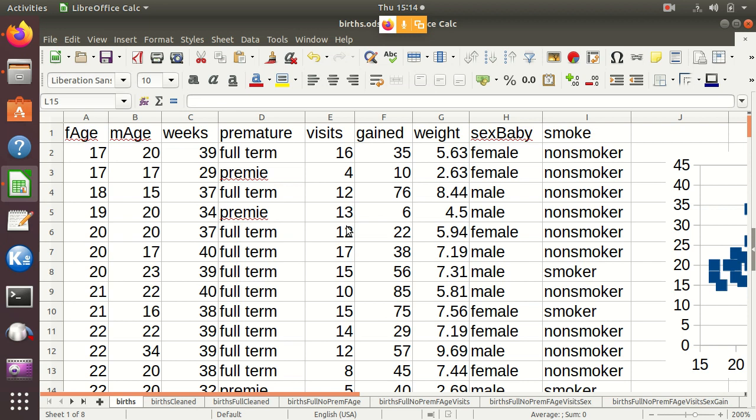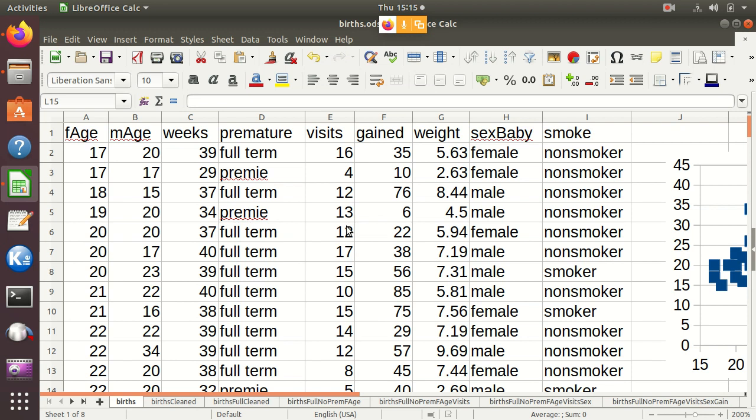the weight gained by the mother, the weight of the baby in column G, the sex of the baby or gender, just female or male in this case, which typically at birth, I don't know that we have any other answers, no matter what your feeling is about later in life.